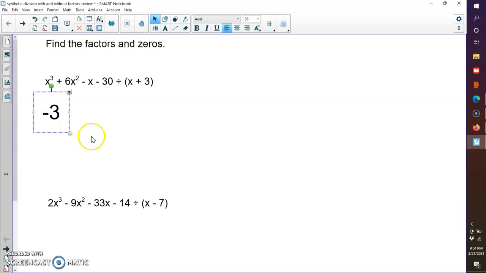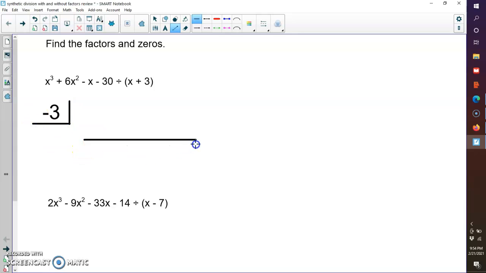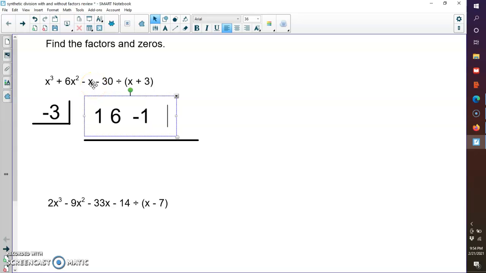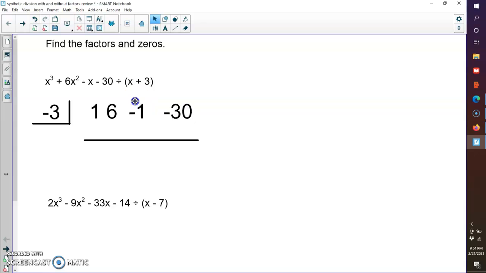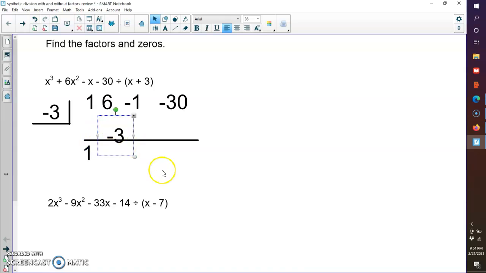So I'm going to put -3 in my box, and now I'm going to copy down my coefficients with their signs. So it's 1, 6, -1, and -30, and I'm looking to create a 0. So I drop my first term, and 1 times -3 is -3.